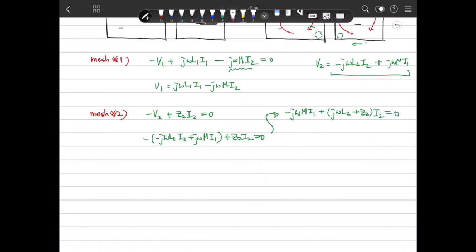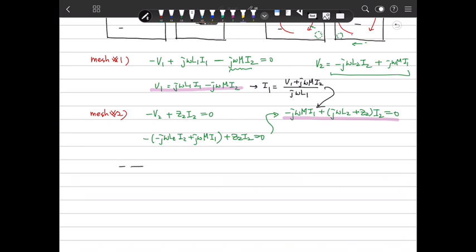So we have two equations, this one and this one. And from that, you can get the I2. From here, I1 is V1 plus jωM I2 divided by jωL1. And insert the value over here.